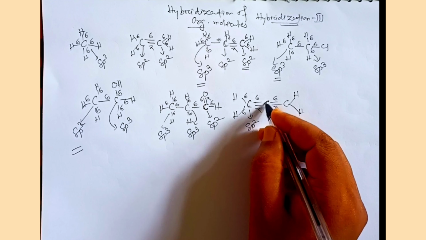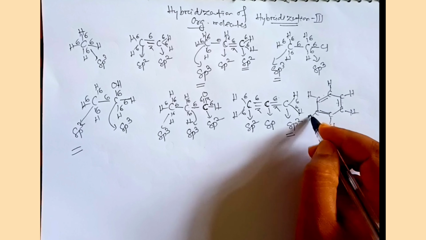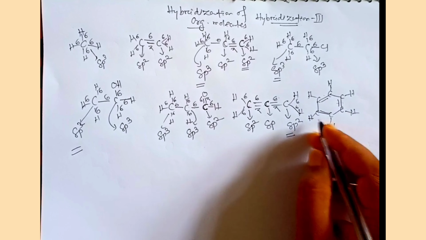Now we'll discuss some benzene molecule. This is the structure of benzene molecule. Here in each corner there is one carbon. Each carbon is attached to some hydrogen, because carbon has to make 4 bonds, 1 2 3 4. So every carbon has some hydrogen attached.